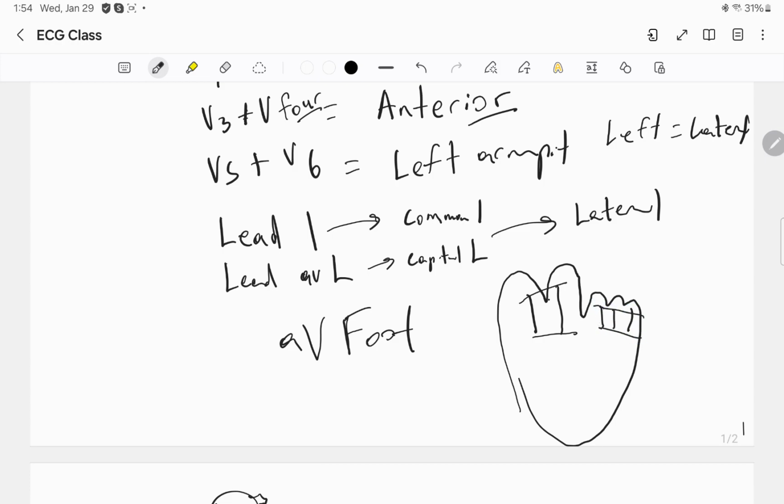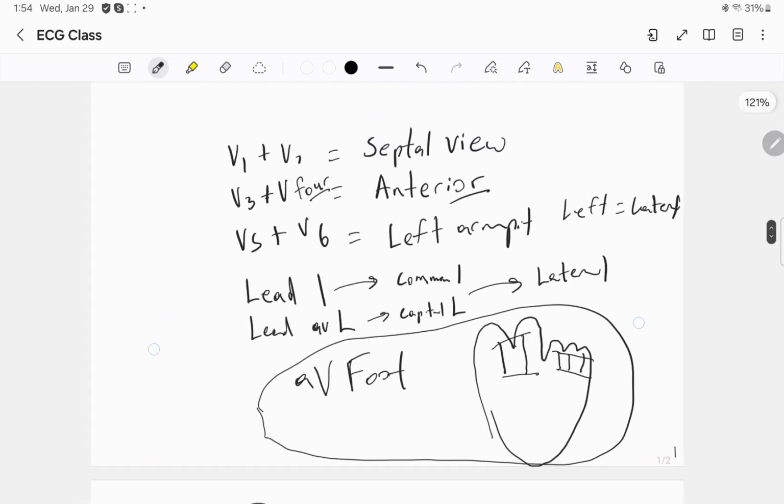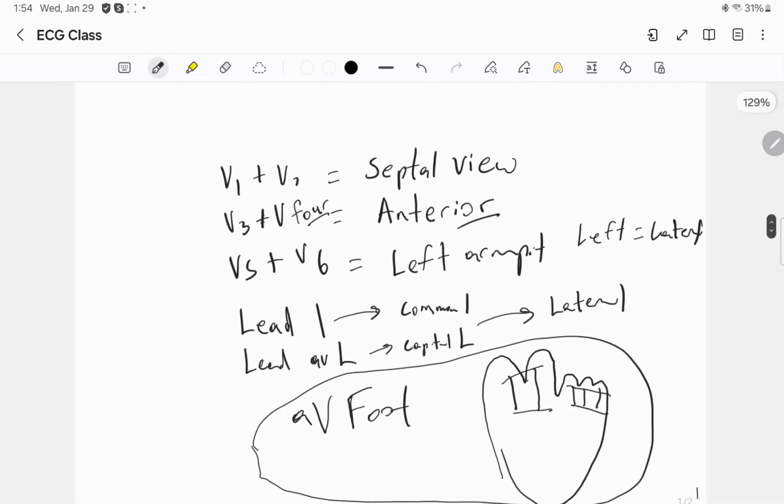Therefore, these are inferior. Your AV foot with 5 toes: 2 toes here, 3 toes there. I hope that's helpful. If not, all right.